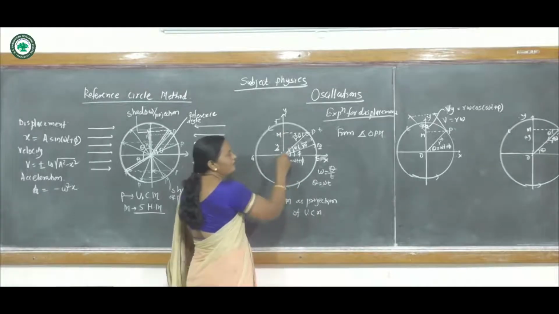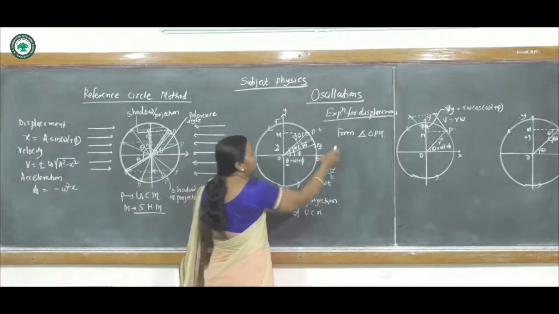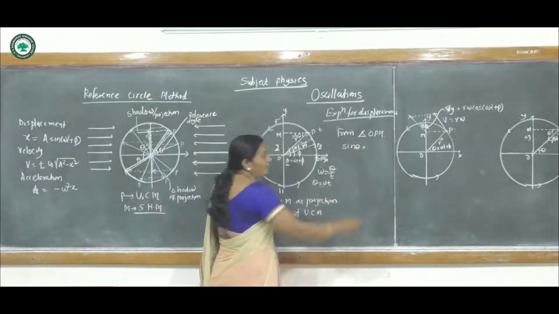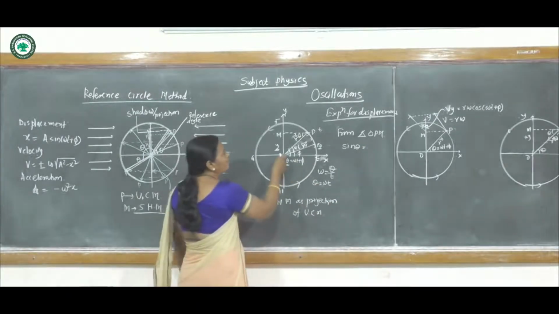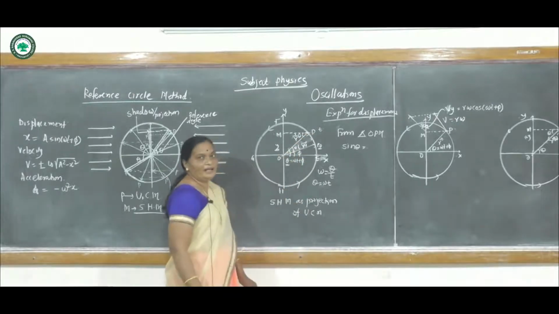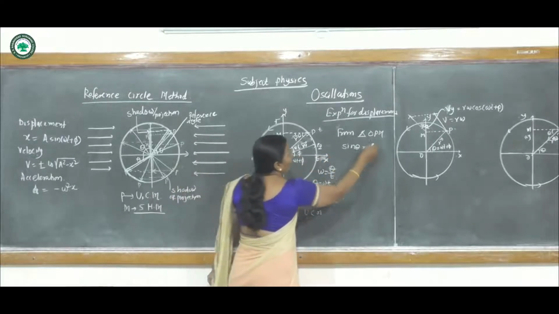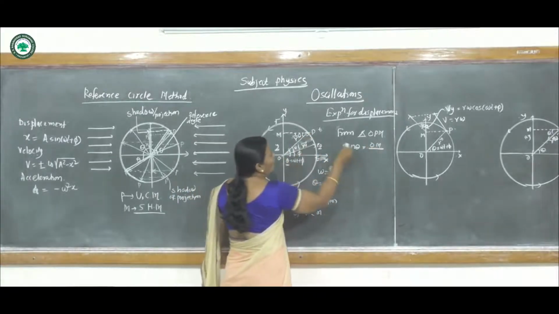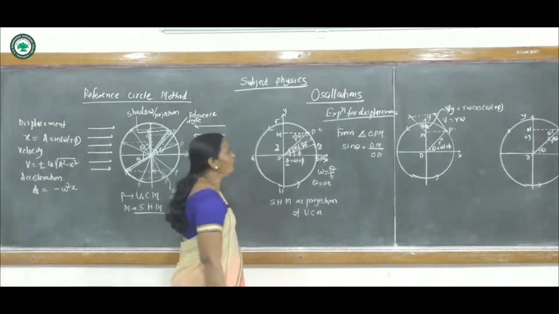Then we use the trigonometric function: sin theta is equal to the opposite side divided by the hypotenuse. The opposite side is OM, divided by OP. So sin theta is equal to OM divided by OP.